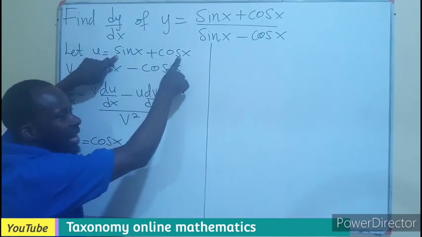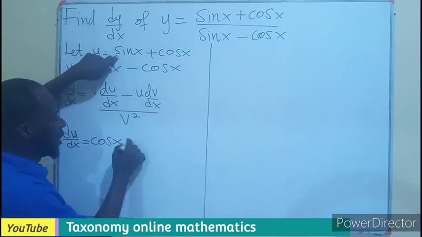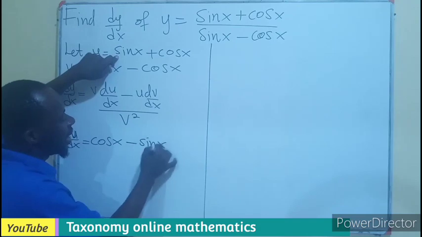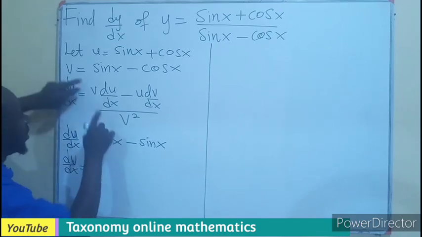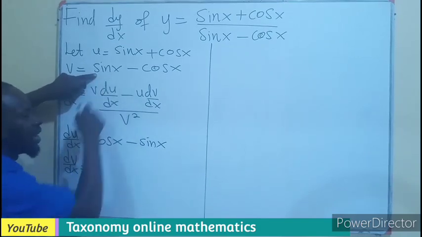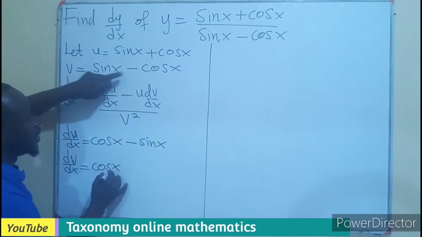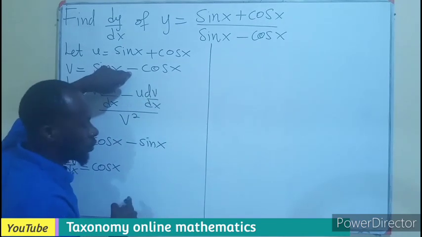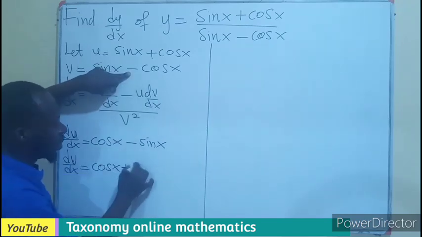If we differentiate a cos, you get a negative sign, so this will be negative sin x. Then dv/dx will also be, differentiate a sine, which will still give us a positive cos x. If we differentiate a cos, you get a negative sign, so negative gives you plus sin x.